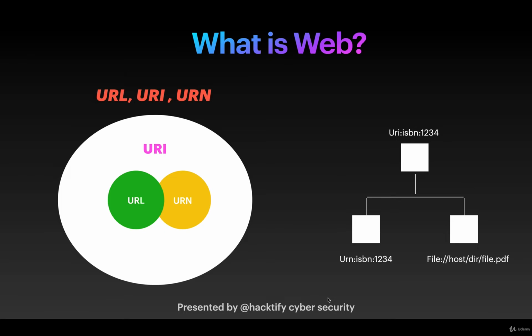All of these three, URL, URI and URN, have a U, which stands for uniform. So all of these three relate to some type of network-based resource.